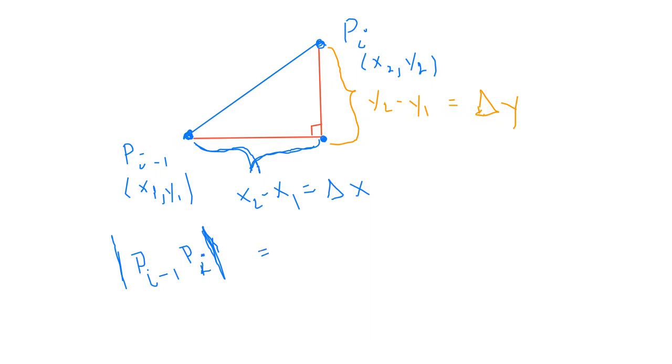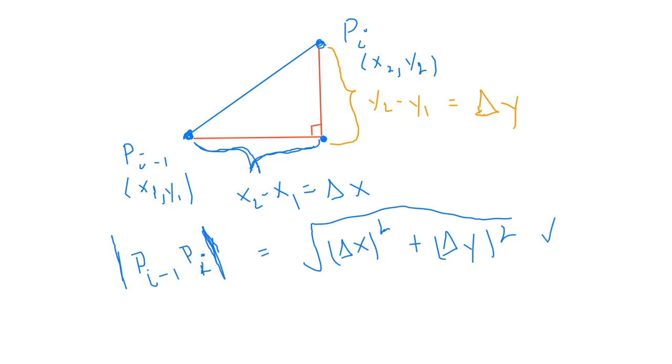Well, couldn't I express that just as the square root of delta x squared plus delta y squared? Isn't that just the distance formula? Are we good with this so far? Are there any questions?